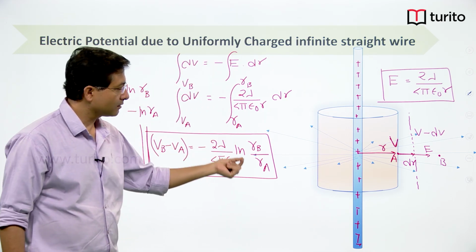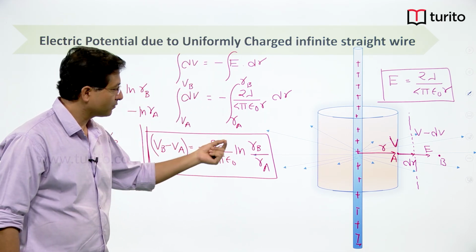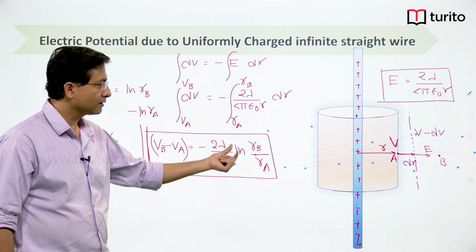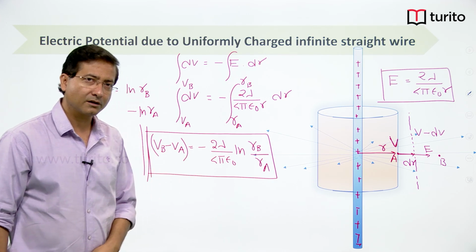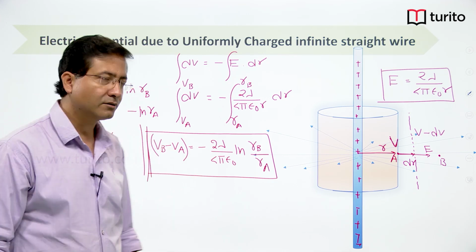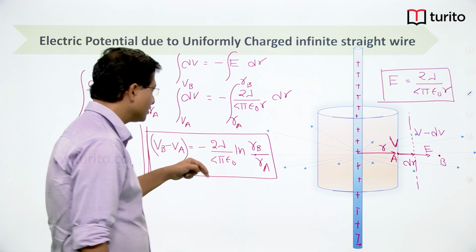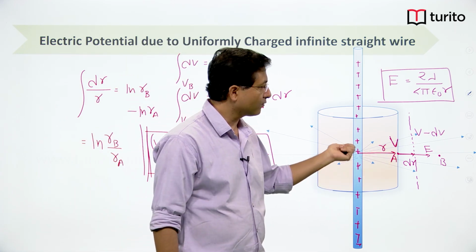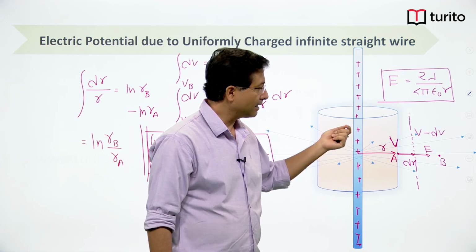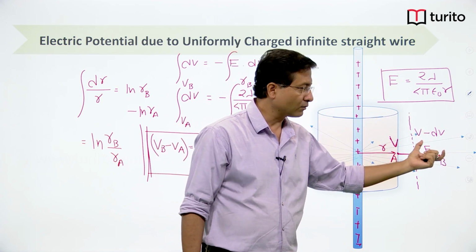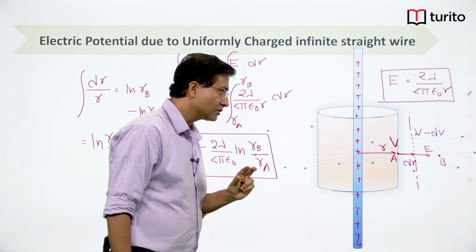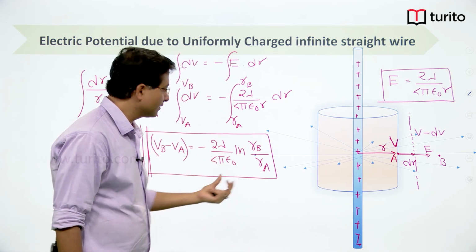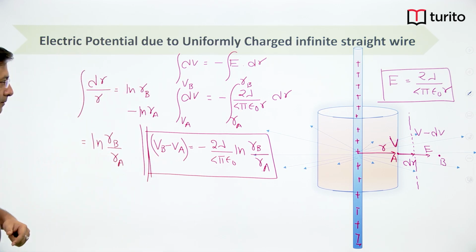from the wire. So if I ask what is the potential difference between point A and point B, this is the expression, and using it you can tell the potential difference. Just substitute the positions of A and B. Values will be given, like from the wire at 2 centimeter and at 5 centimeter; just plug in 2 and 5 centimeter here and you will get the potential difference.